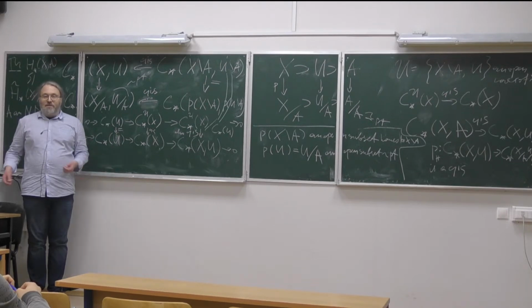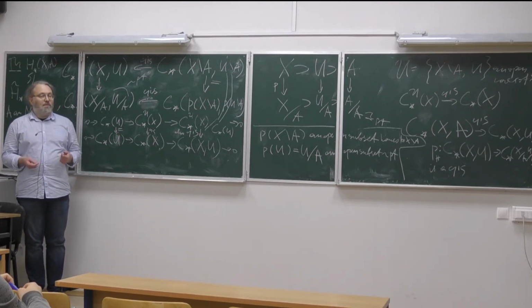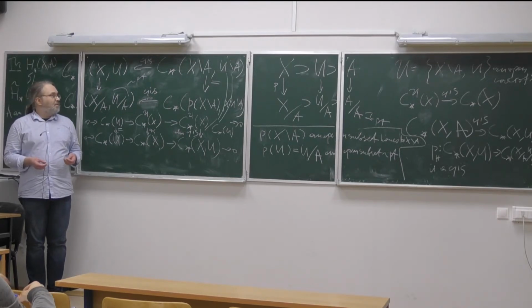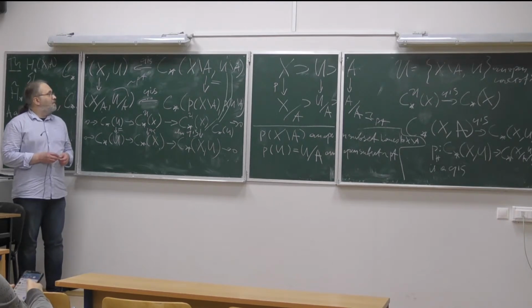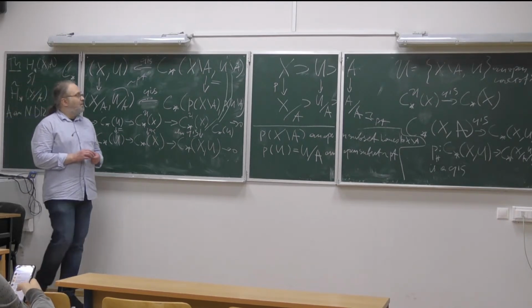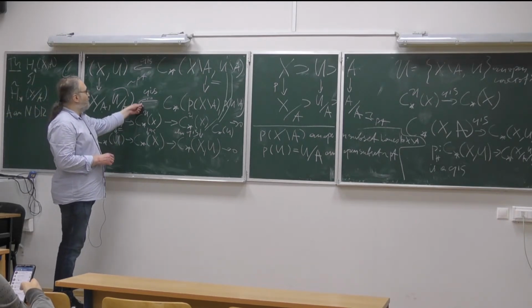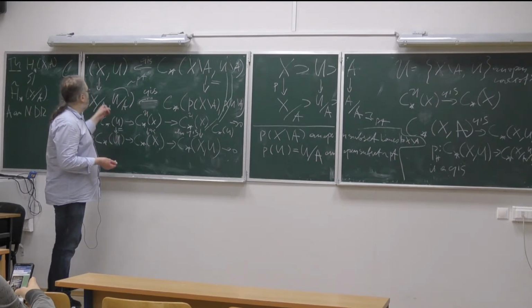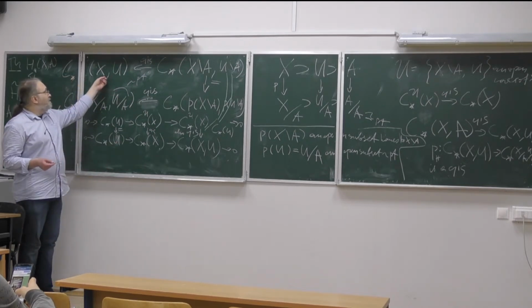Does this make sense? Could you please repeat why there is a quasi-isomorphism between X/A, U/A to the B? So the second row on this one? This one. Well, we basically repeat the same argument.